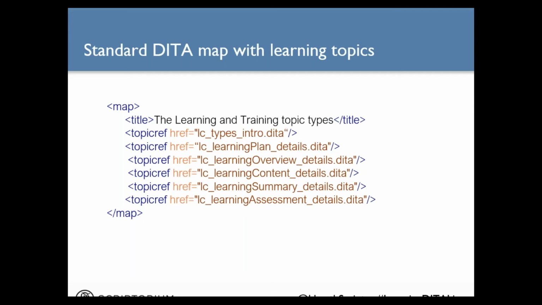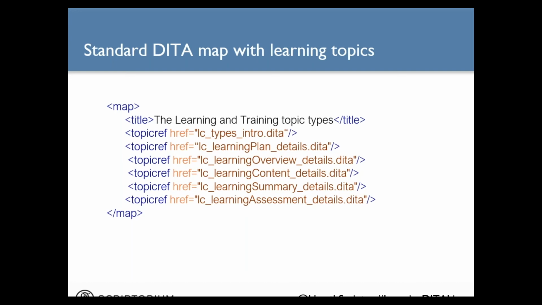So you can see here I've got a map, and then these might be all of the same data topics that I used previously, but I have them in topic refs, right? And that is totally valid. You're able to do that. It's just going to depend on how you have set up your output, how you want it to look based on, do you want to publish it from a standard map or from a learning and training map?